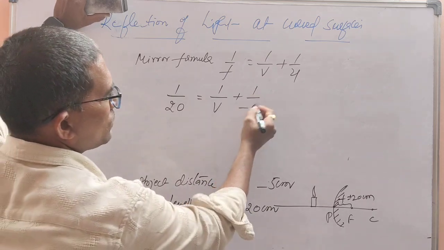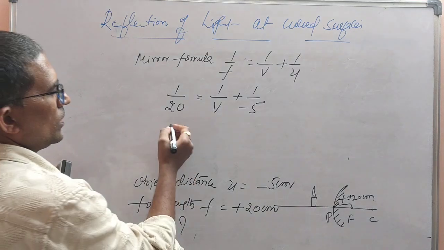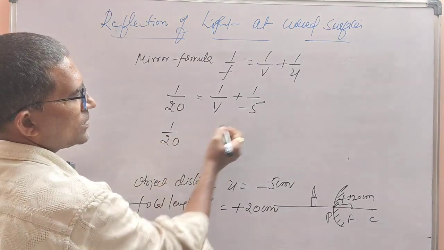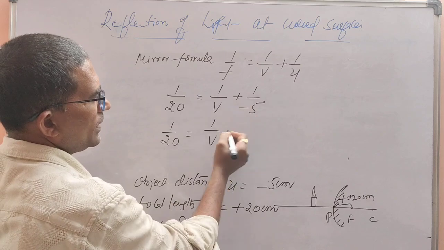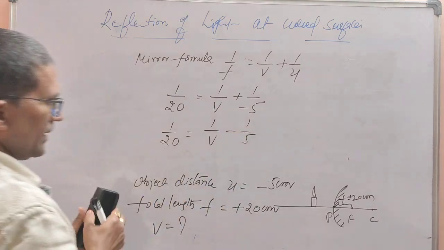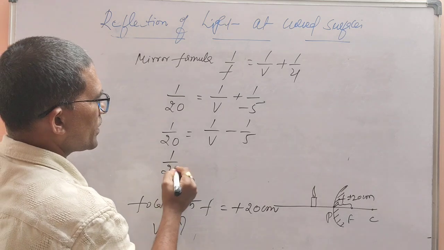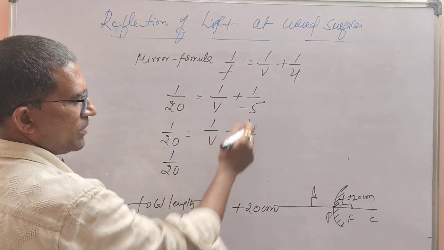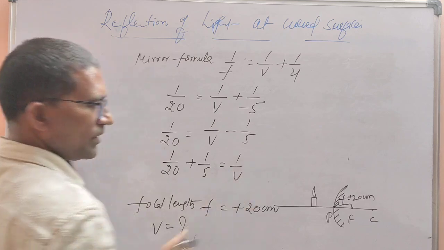That is minus 5, according to conventions. Now 1 by 20 equals 1 by v plus 1 by minus 5. Bring the minus 1 by 5 to this side, it will become plus 1 by 5, is equal to 1 by v.